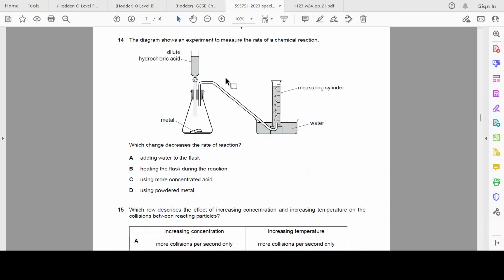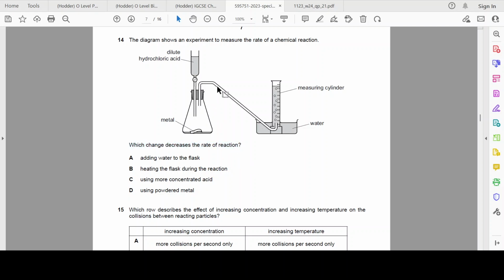So when I look at this, I just asked you that to revise your concept, even though that's not the question. They're not asking you which gas is being produced. The question is, the diagram shows an experiment to measure the rate of a chemical reaction. Which changes decrease the rate?